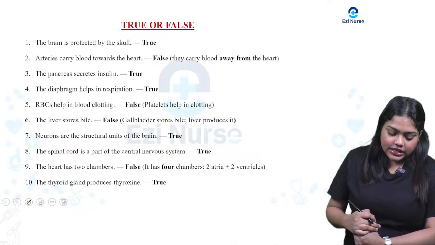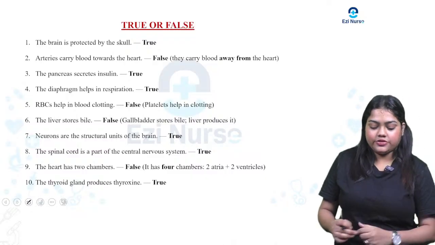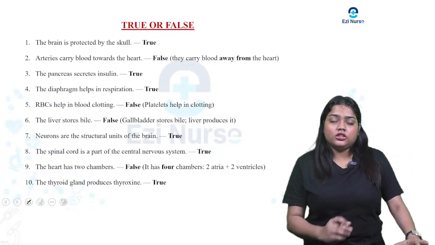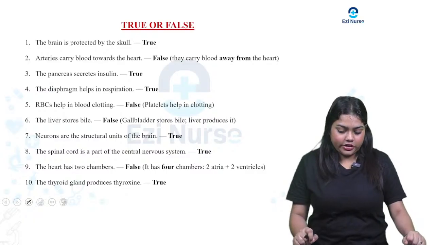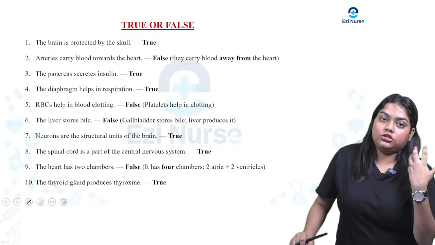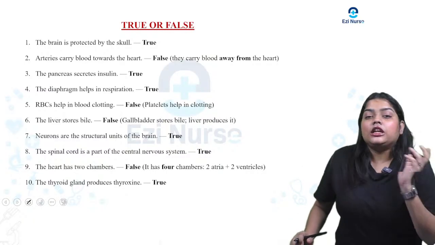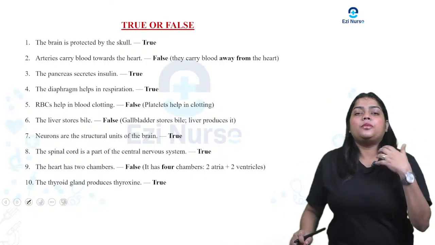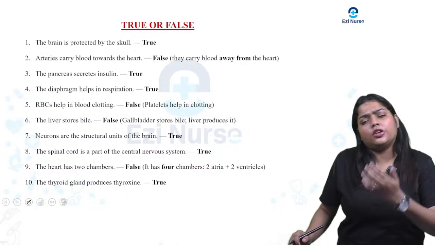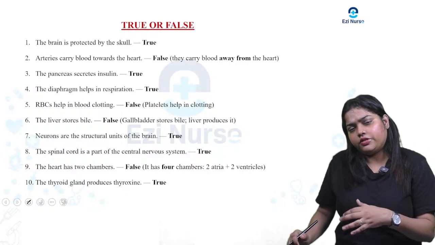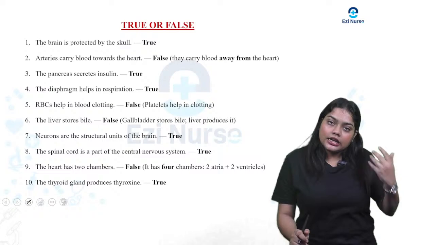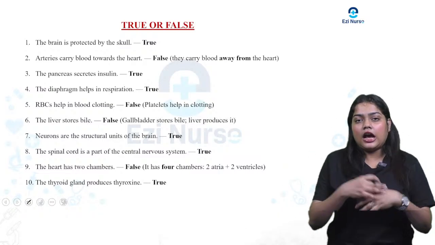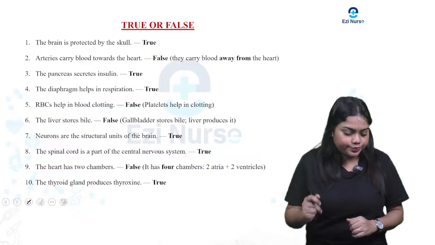Then: the liver stores bile, which is false. Bile is stored by the gallbladder; the liver produces it by destroying mature blood cells of around 120 days, making bilirubin, biliverdin and other bile products.